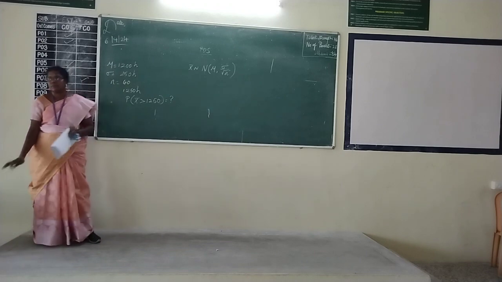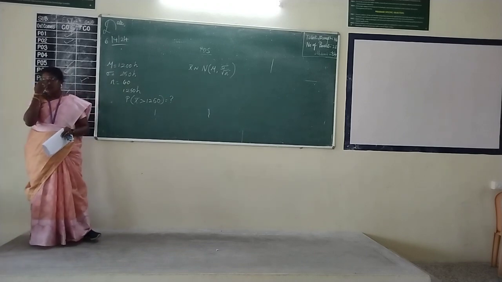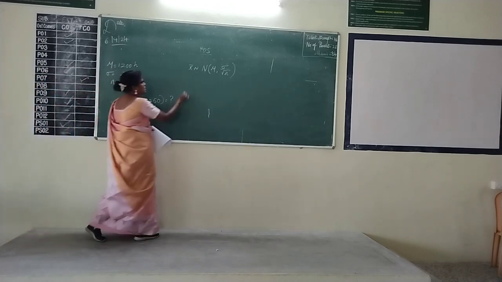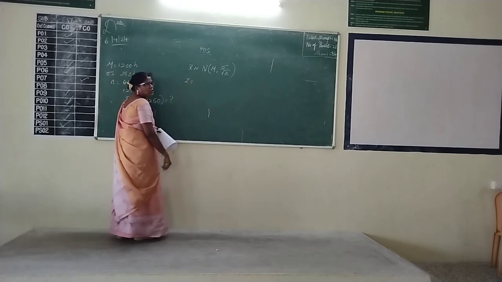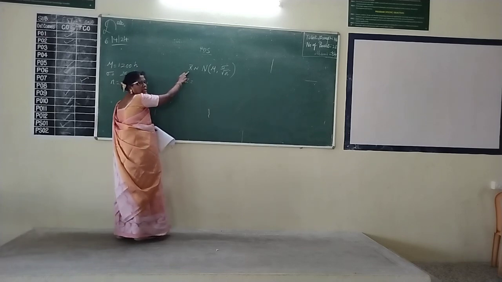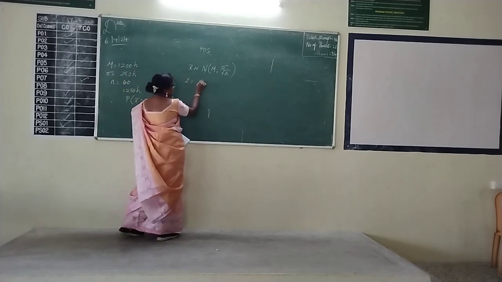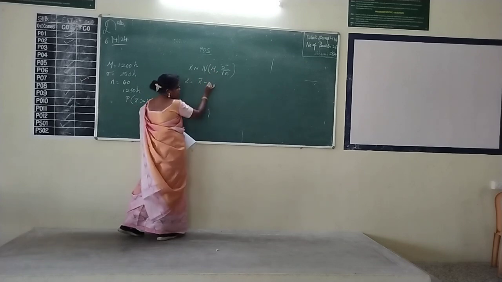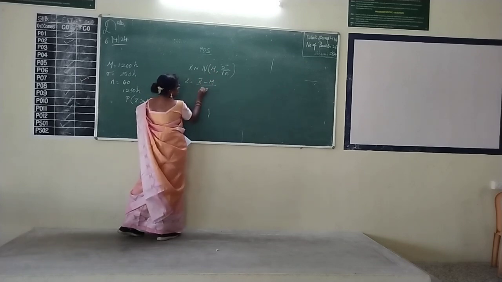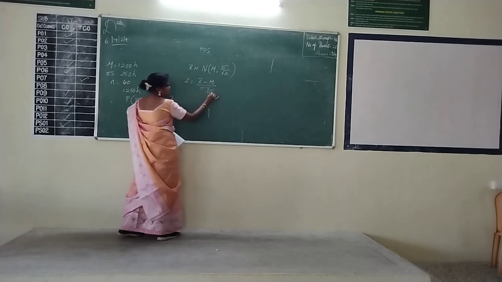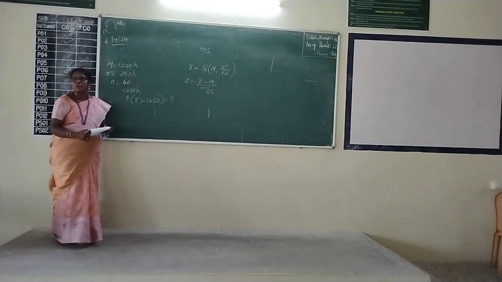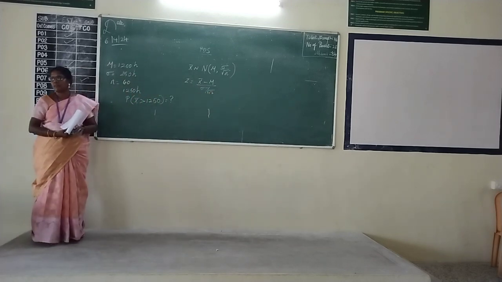Remember this thoroughly. So z equal to, instead of X we are having X bar. So X bar minus mean mu, divided by standard deviation sigma by root n. This is the formula to find your result.